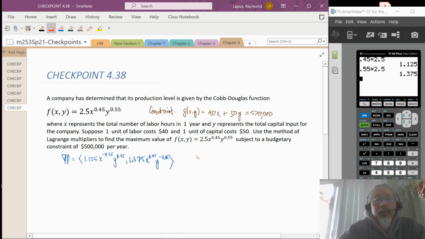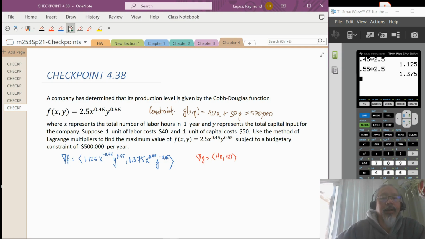Our gradient for g is going to be just simply constants, 40 in the x direction and 50 in the y direction. Now we have our equations that we're going to set.